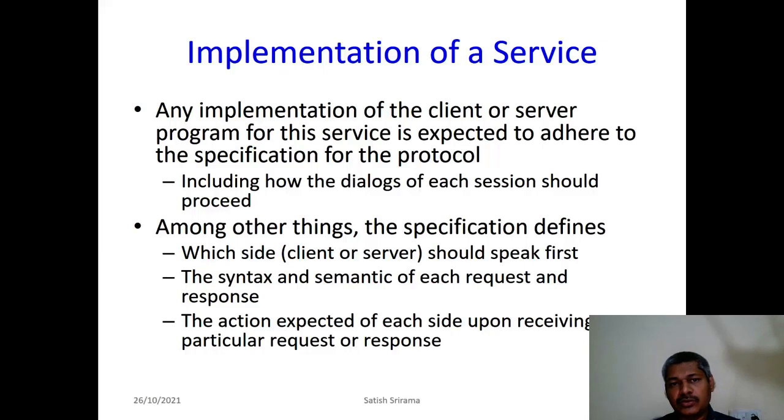Among other things, this specification defines which side, whether the client or the server, should speak first, and it should also define the syntax and semantics of each and every request. At the protocol level, we define that the client should send a request and the server should respond. But which side should speak first?